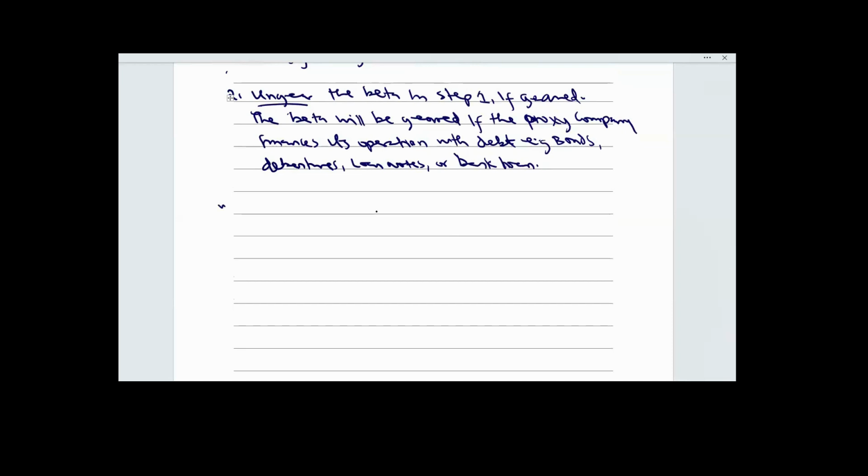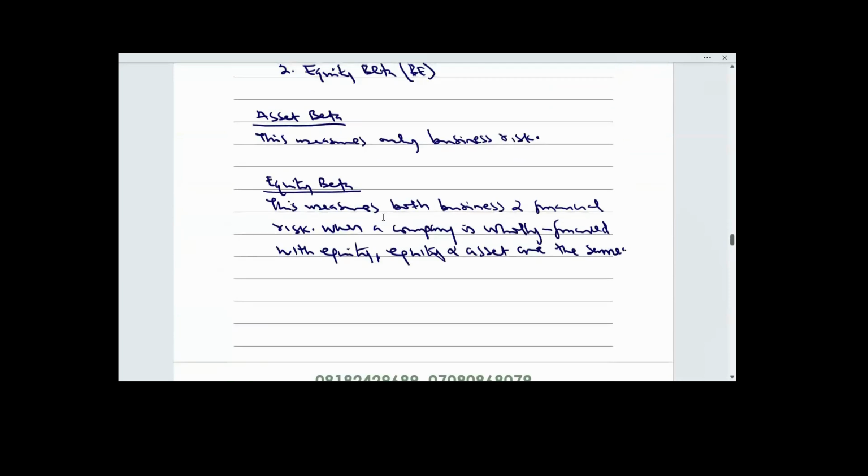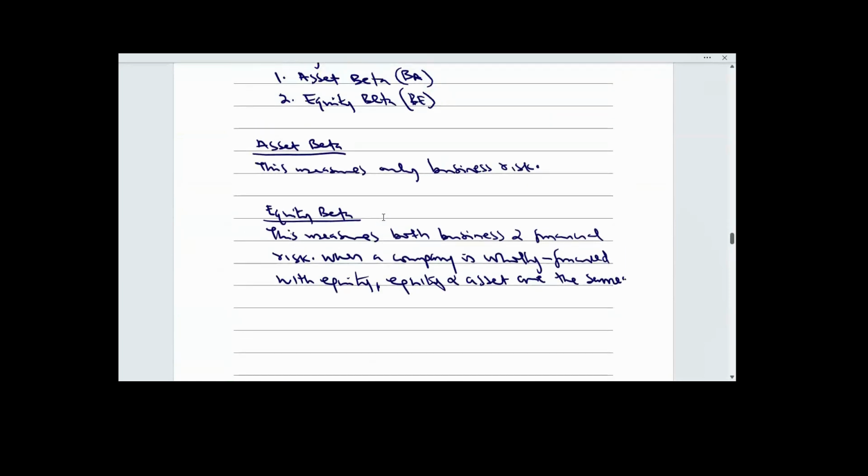Asset beta is also known as ungeared beta. Okay.